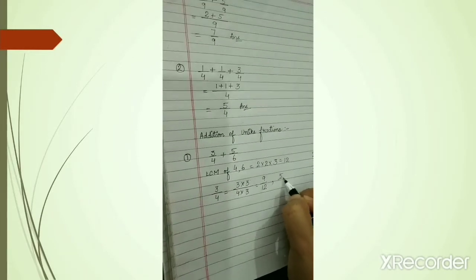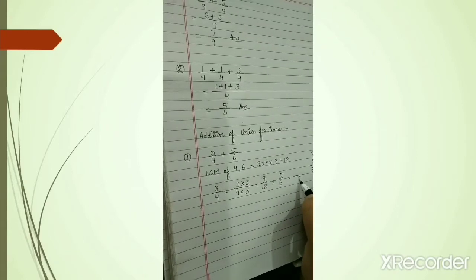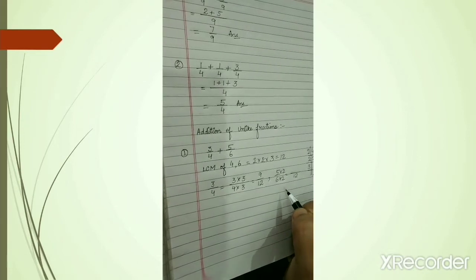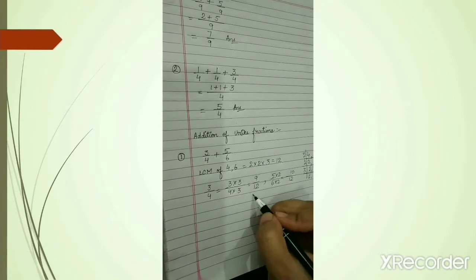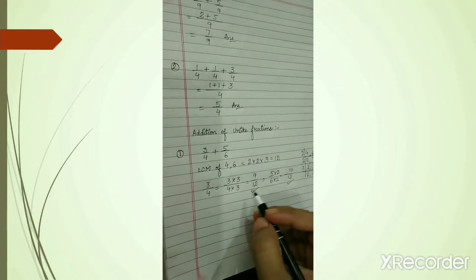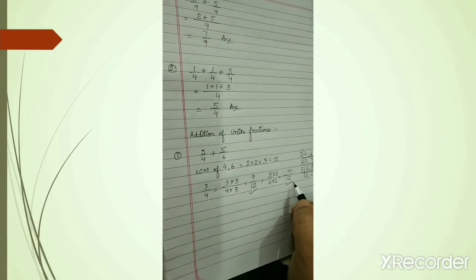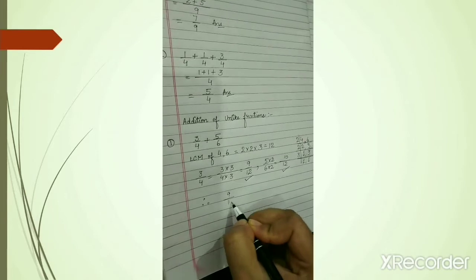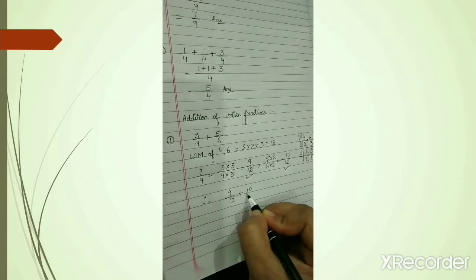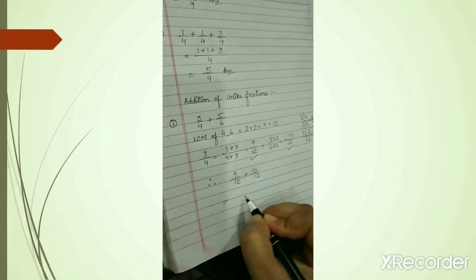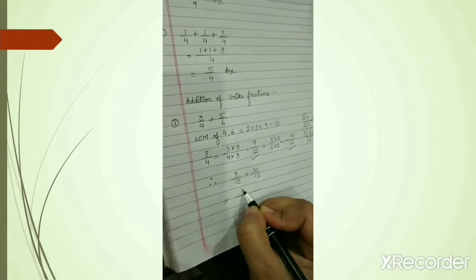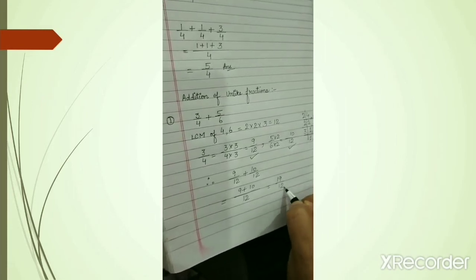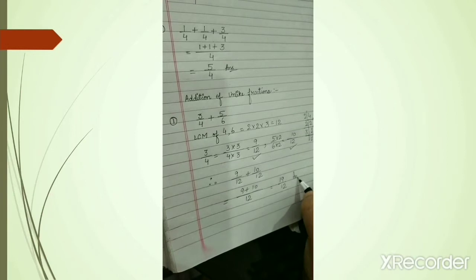Next, 5 upon 6 is equal to, 6 into 2 is 12, same number you have to multiply in numerator also. 5 2s are 10. Now we'll get both the like fractions. One is 9 by 12, another one is 10 by 12. Then find the sum, 9 by 12 plus 10 by 12. Rest all the steps are same. Write the common denominator, then find the sum of numerators, and that is 19 upon 12, and that is your answer.